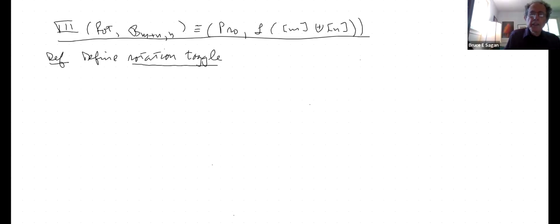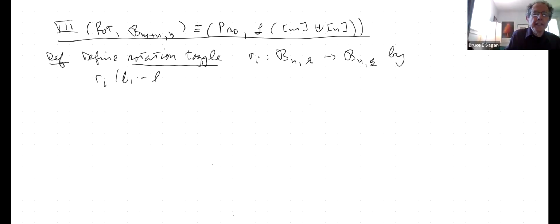R_i is going to be from the bit strings B_n,k to the bit strings B_n,k. And it's kind of the simplest possible thing you could do. Doing the ith rotation on the bit string b_1 through b_i, b_i+1, through b_n just exchanges those two bits.